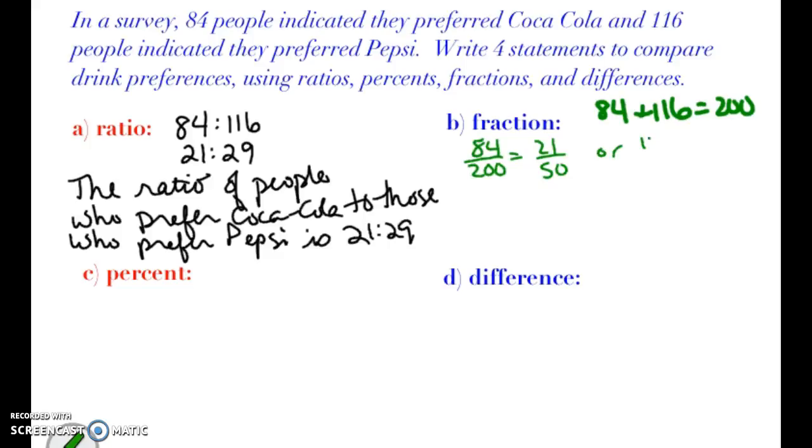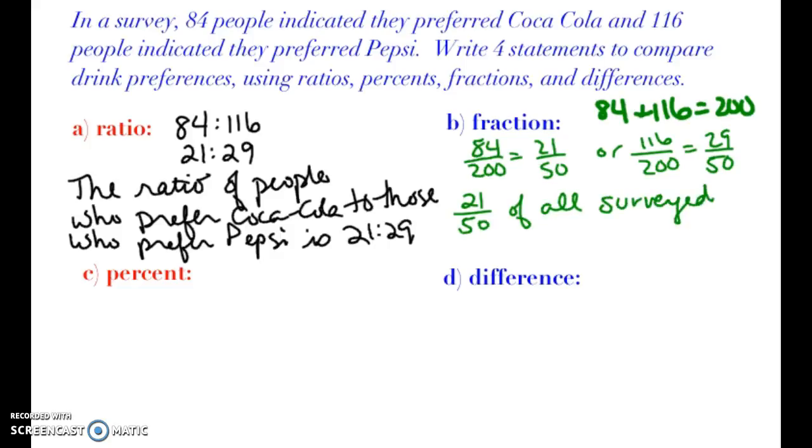Or you could do 116 out of 200 and reduce that to 29/50ths. And you're asked to write a statement, so you can write a statement with either one. I might say 21/50ths of all surveyed prefer Coca-Cola. That would be a good sentence on this.